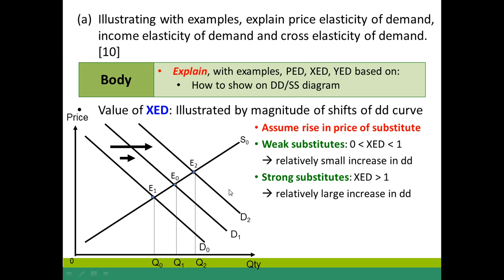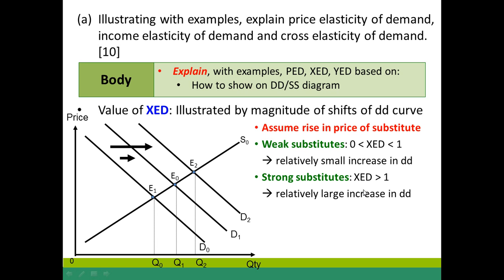But if there are strong substitutes, then when there is a rise in price of the substitute, all the people who used to buy the substitute will come to buy my goods. Okay, because they are strong substitutes. So XED is greater than 1. Okay, and you see a relatively large increase in demand.